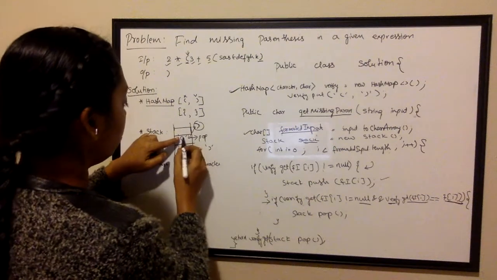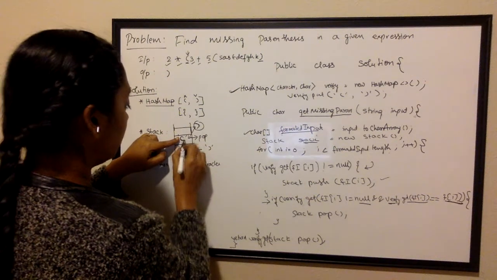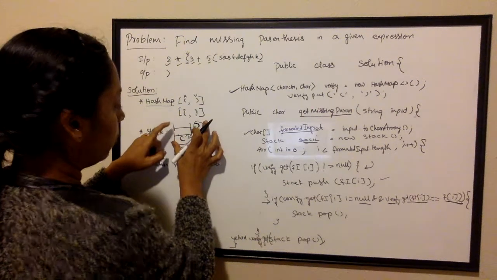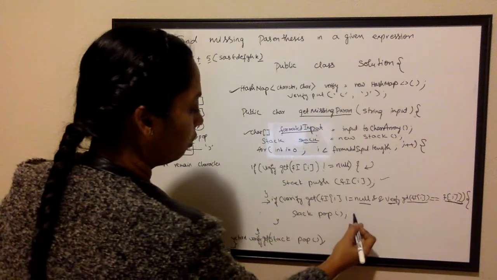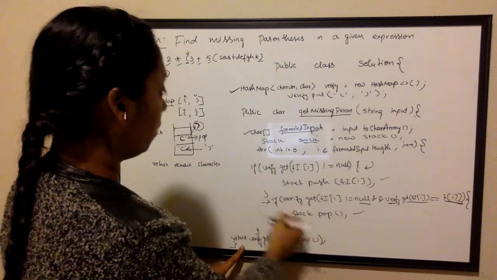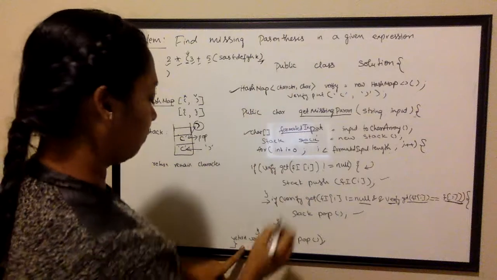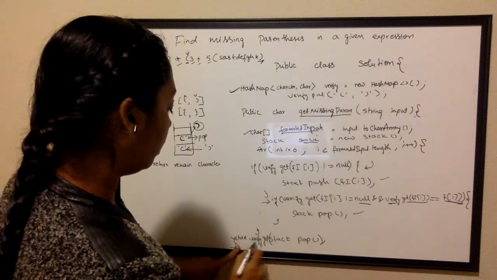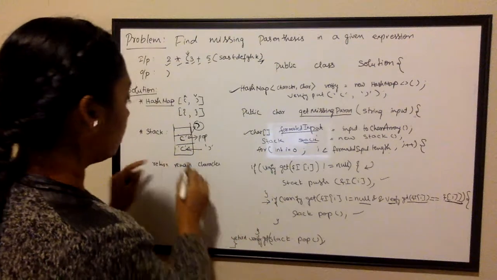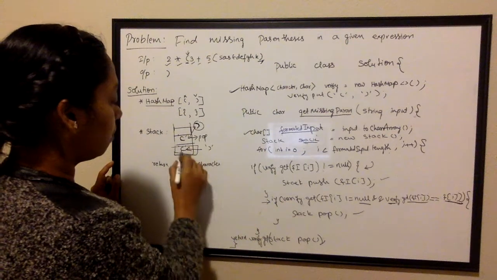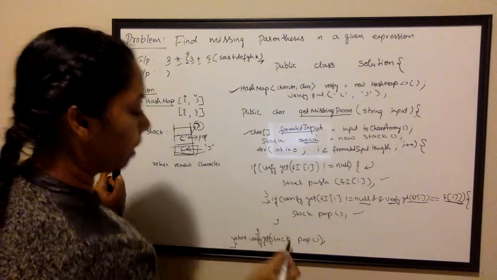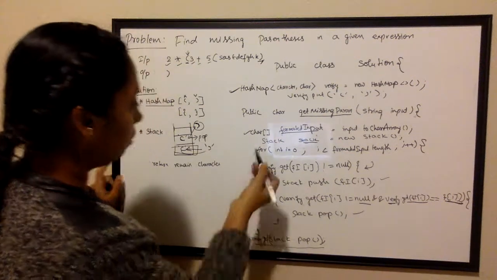So if one matching combination is found, I'm going to pop it out from the stack. This will happen till the end of the expression. And at the end, return verify dot get stack of pop. So whichever is the last element, the matching value from the hash map would be the result.